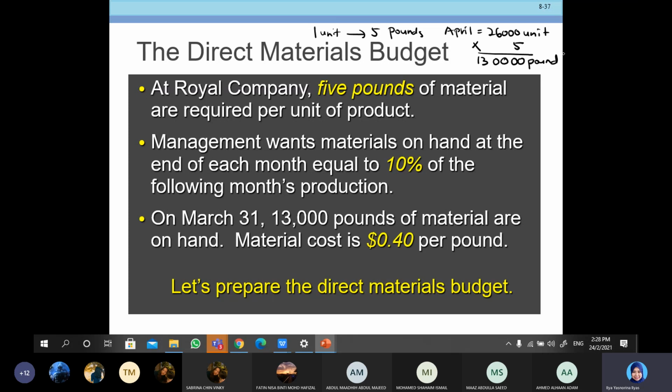So do we have to buy the 130,000 pounds of material? Then we have to prepare our direct material budget. Okay, the format is the same. We have ending, we have beginning.